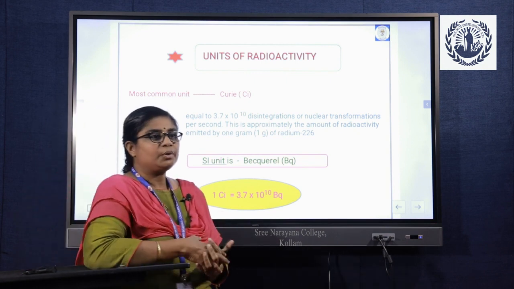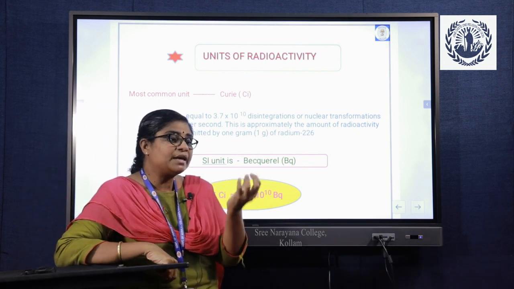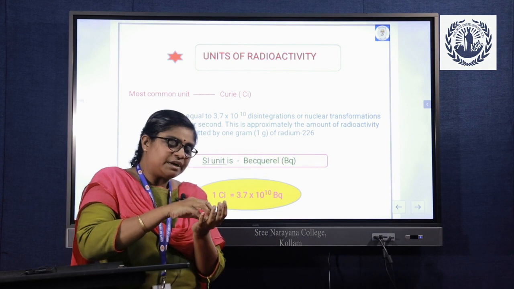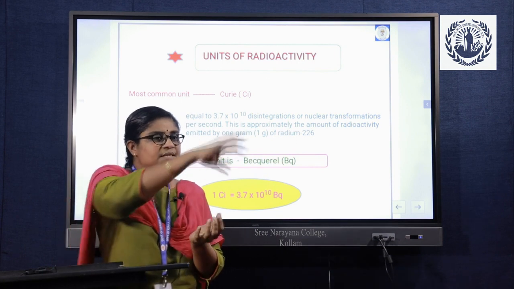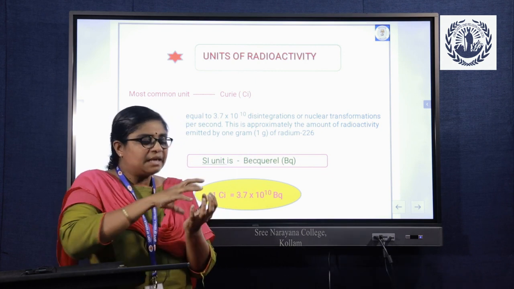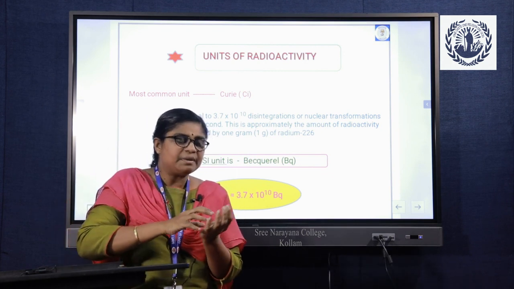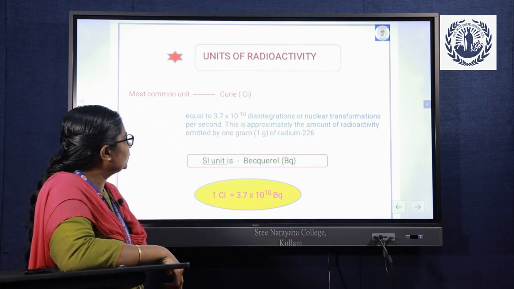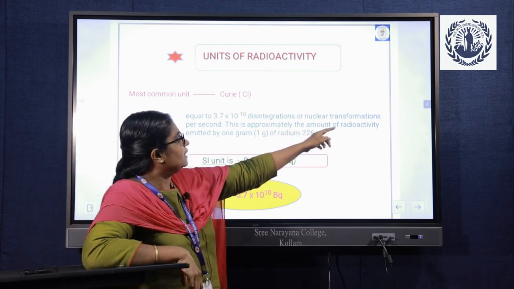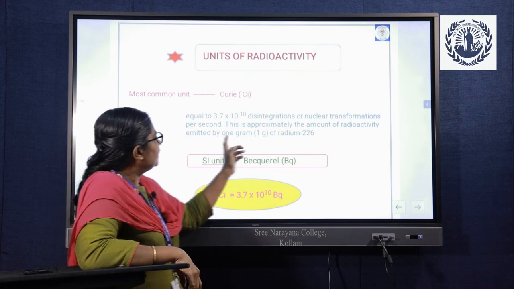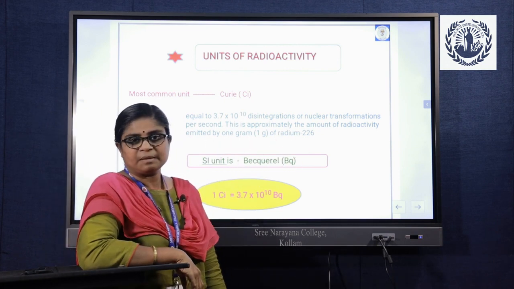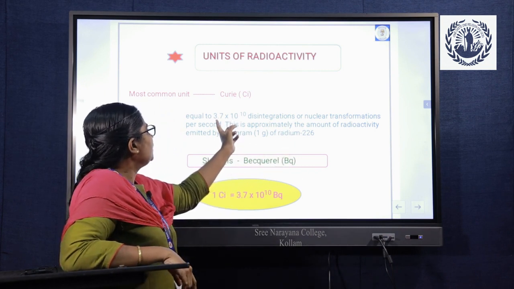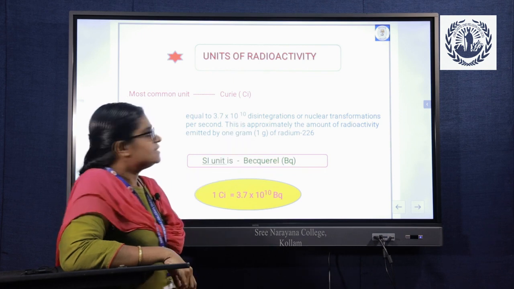What is a Curie? When we take 1 gram of the radioactive element radium, it will disintegrate and emit radiations, and the number of disintegrations from that 1 gram of radium is equal to 1 Curie. So 1 Curie is approximately the amount of radioactivity emitted by 1 gram of radium, and it was found to be 3.7 into 10 raised to 10 disintegrations.